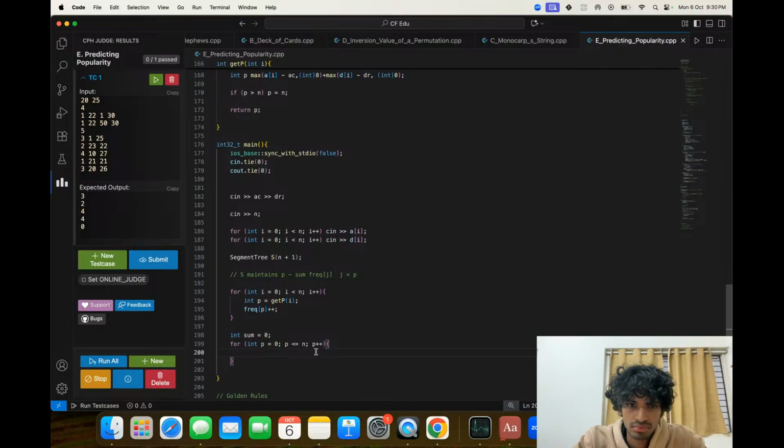So we maintain p minus this, right? We maintain p minus that, and then we want the first minimum. I want the first minimum.